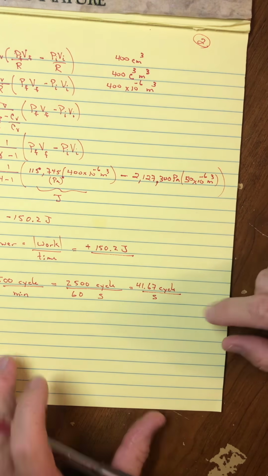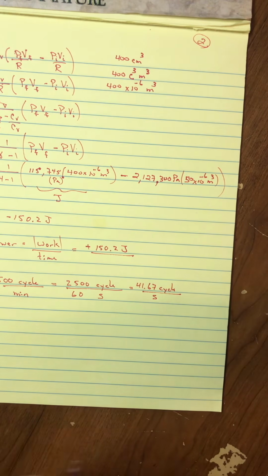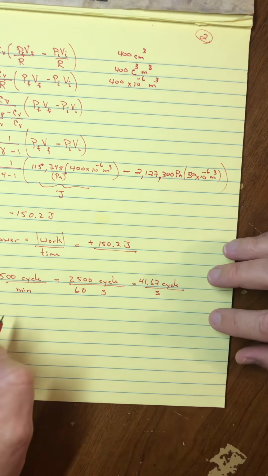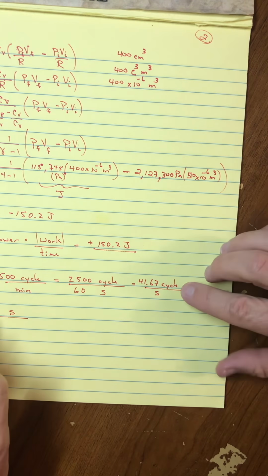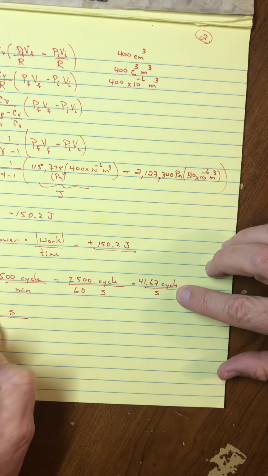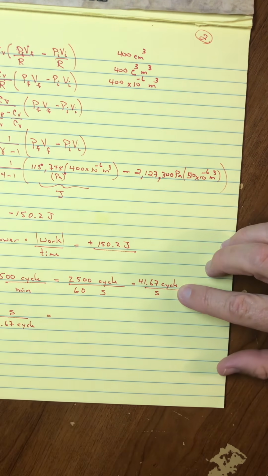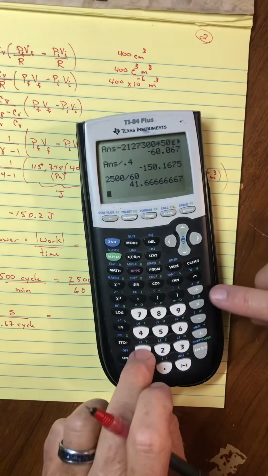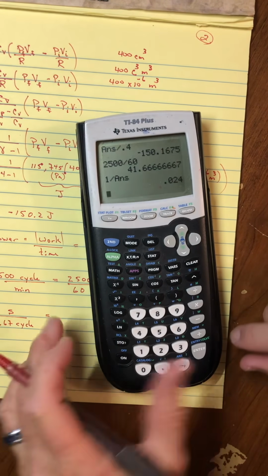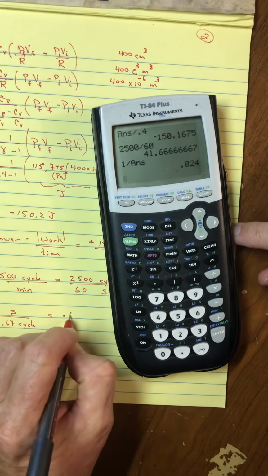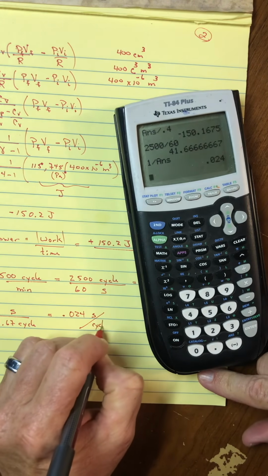And of course then the reciprocal of that would be the amount of time per cycle. So 1 divided by that last answer means we're looking at 0.024 seconds for 1 cycle.